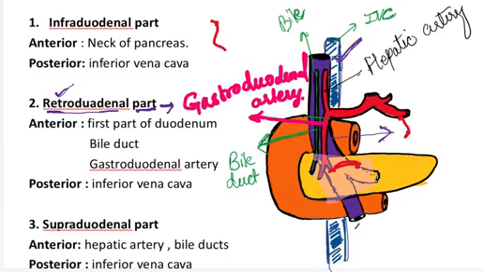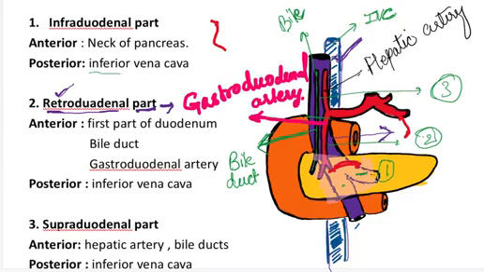So now we have discussed the three different parts of the portal vein: first the infraduodenal part, second the retroduodenal part, and third the supraduodenal part. And what are the structures that are present anterior to these three different parts, and what is present posterior to these three different parts.